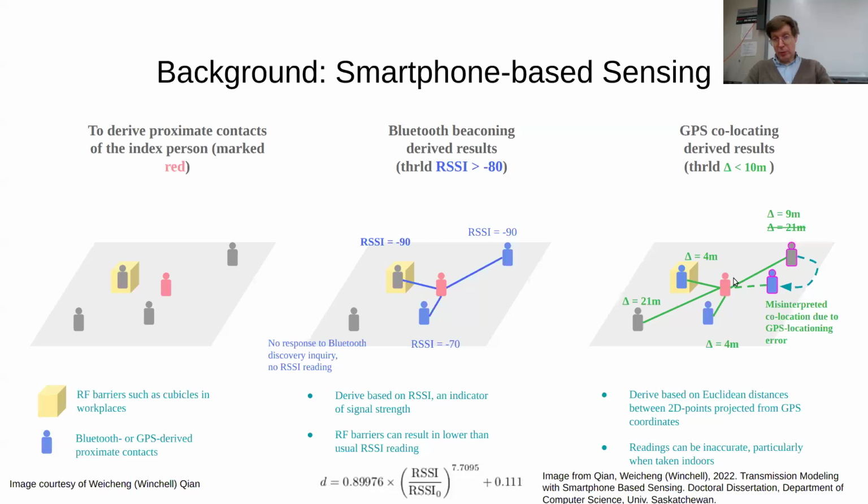So here we might estimate that these two individuals, for example, are 4 meters apart and count them as connected. These two might be judged as 9 meters apart, and they're considered not connected. But these are considered connected.